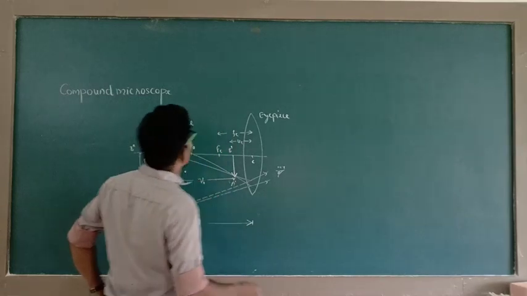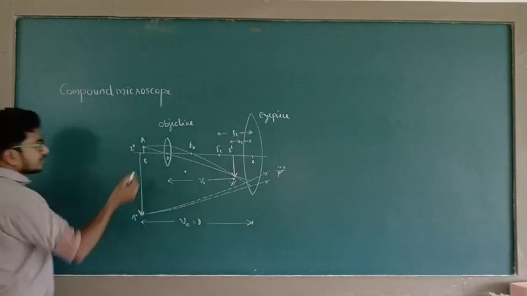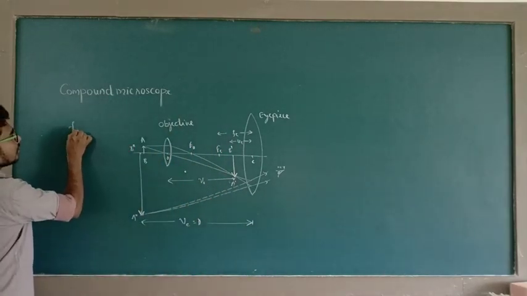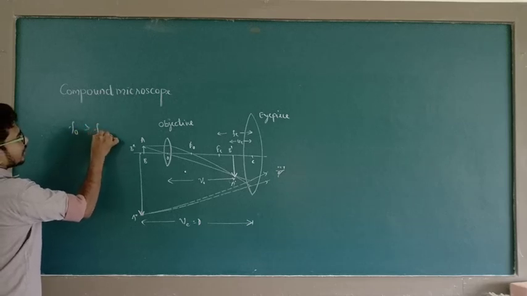Or you can write that the focal length of the objective is less than the focal length of the eyepiece.